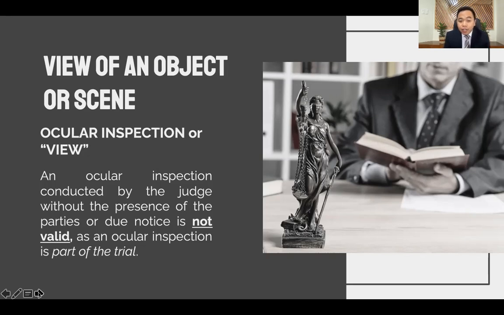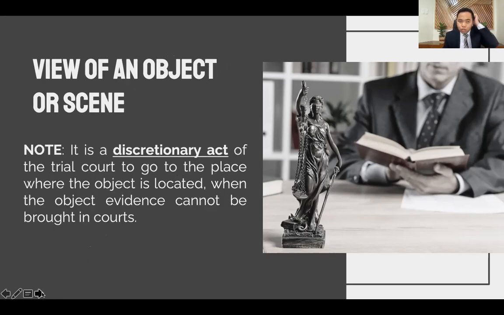No, he cannot do that without the participation of the parties. Ocular inspection is always done after notice and with the presence of the opposing parties, the prosecution and the defense.